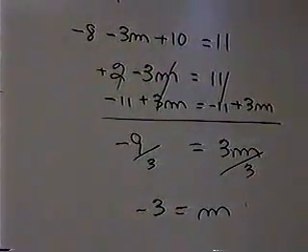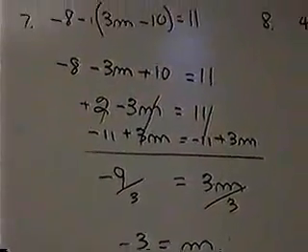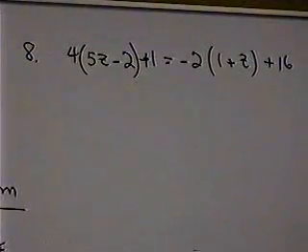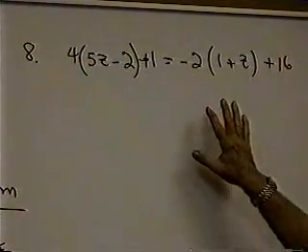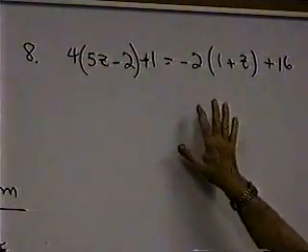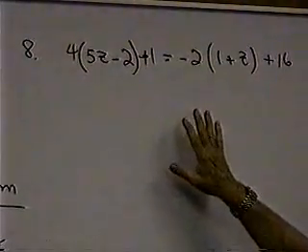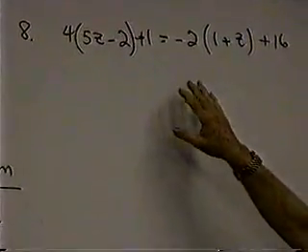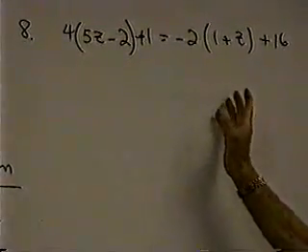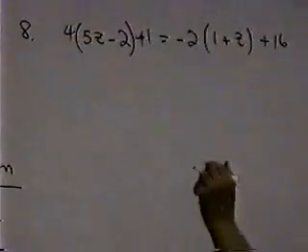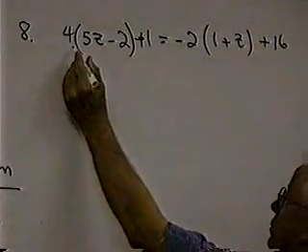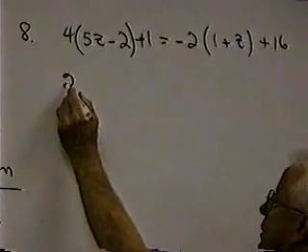All right, now let's look at the last example. Okay, now we're looking at a very complicated one, has all the rules in here except the denominator rule. But we have parentheses and we have combining terms. So let's look at it. First rule, remove parentheses. So 4 times 5z is 20z.